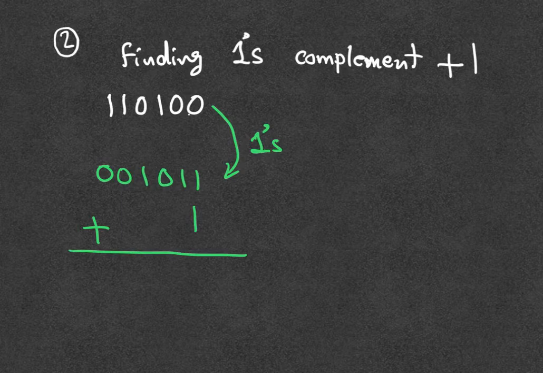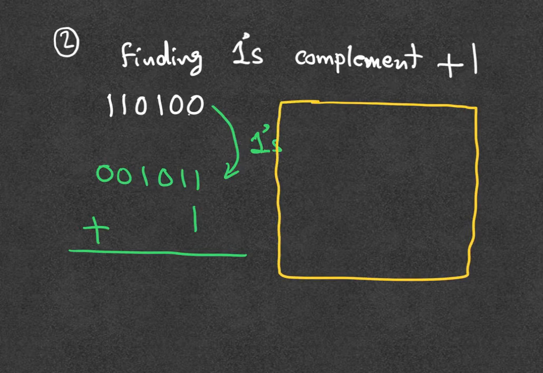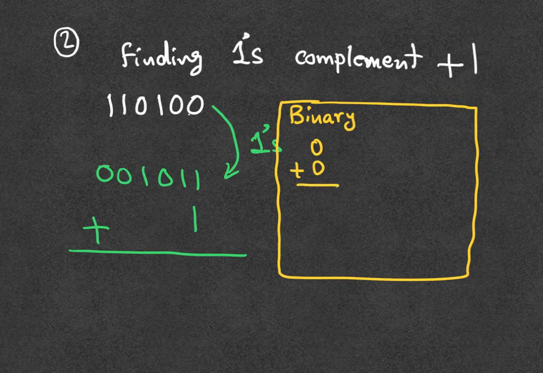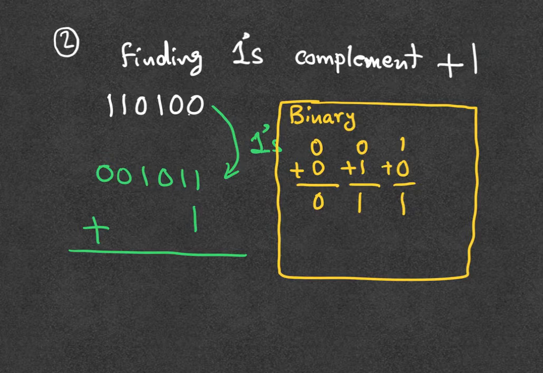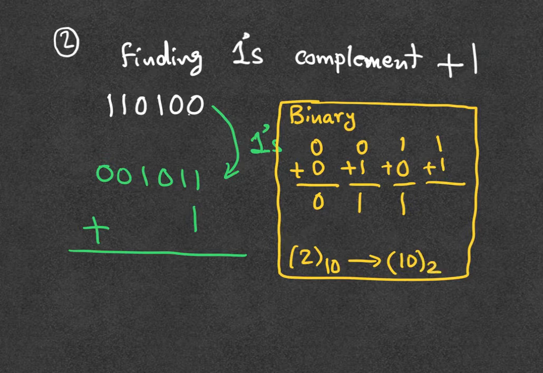Okay, this is a summation in binary. For binary, if you have 0 plus 0, you get 0. 0 plus 1, you get 1. 1 plus 0, you get 1. But for 1 plus 1, 1 plus 1 is 2 in decimal. 2 in decimal, which is base 10, is 1, 0 in binary.